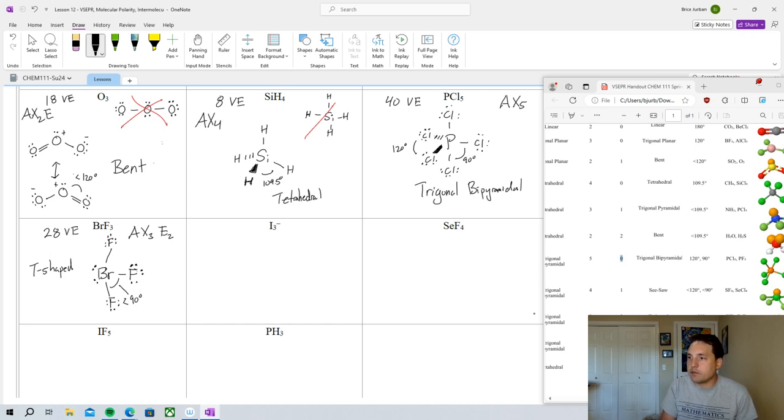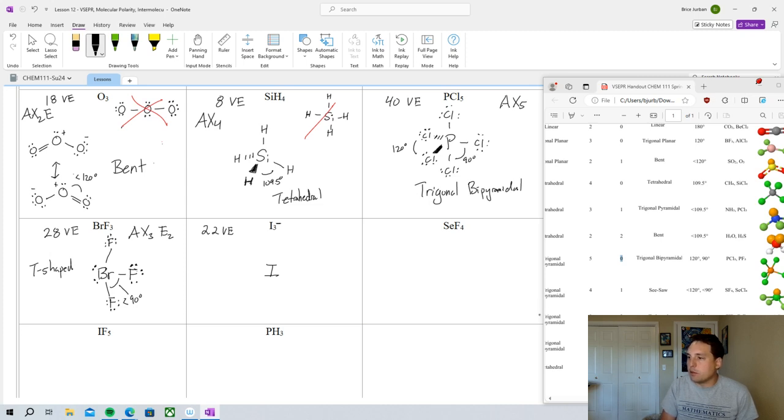All right, I3-. This has a negative charge here, so we want to make sure we include that. Iodine has 7 valence electrons, and then we add one more for a total of 22. If we put one iodine in the middle, we have to put the other 2 iodines either in a line or in a bent shape.